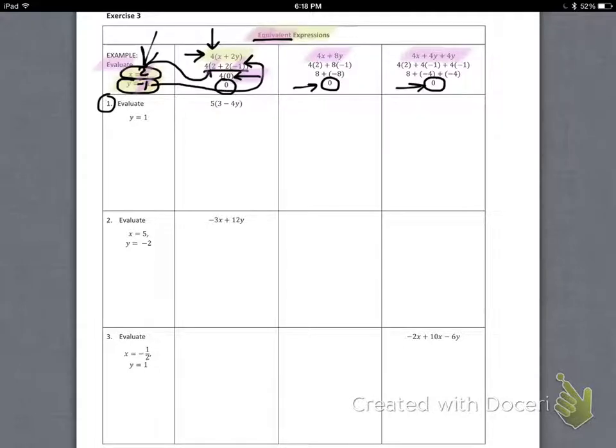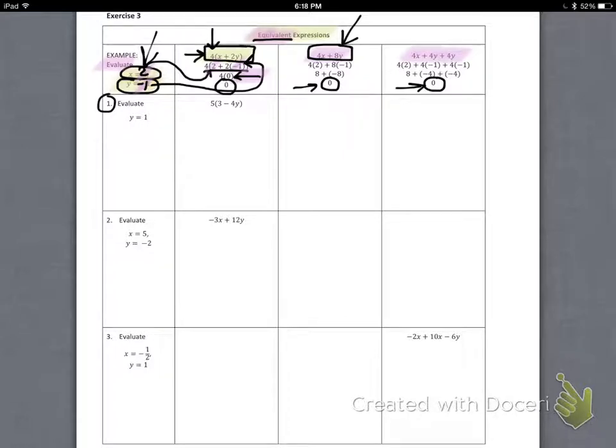It shows that an expression does not have to be written one certain way. So, for example, in the second one, here's an equivalent. This expression, 4x plus 8y, is equivalent to this one here.